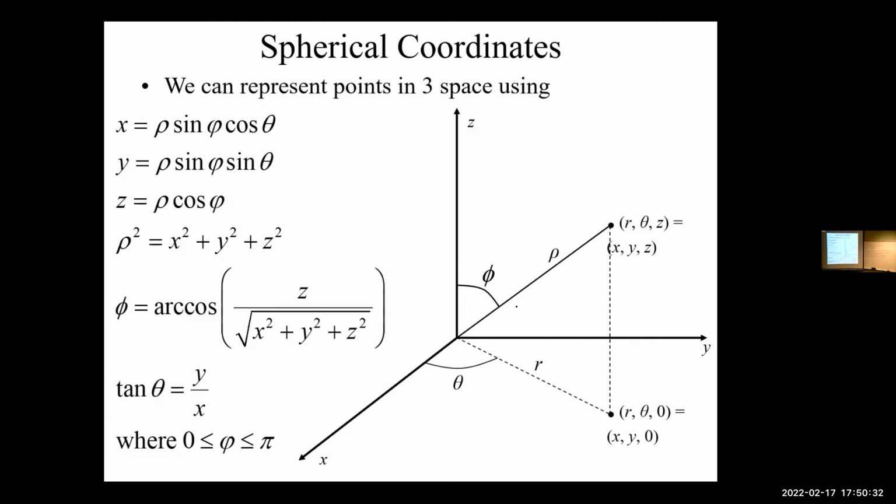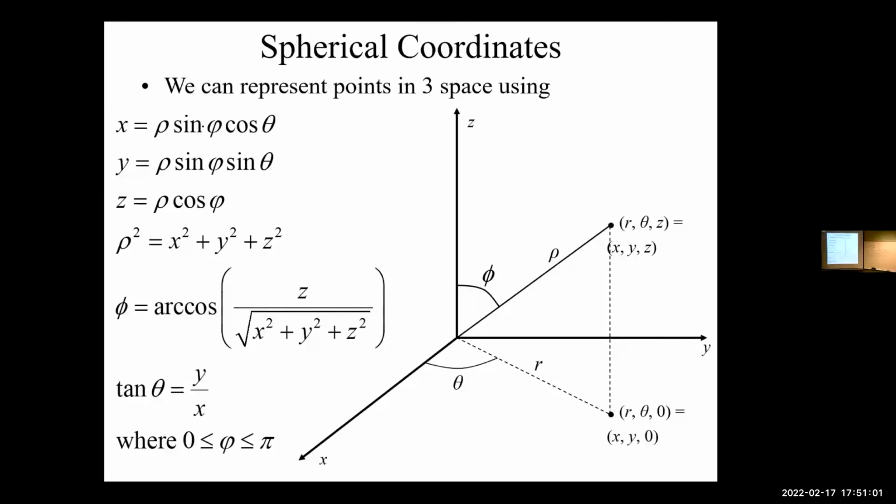Phi does, rho does not. So this thing that looks like a P is called rho, RHO. That thing can go literally anywhere, and it is just the distance from the origin out to our point. Phi is the angle between rho and the positive Z axis. And then theta is the same theta from polar. That's the exact same theta we were just looking at.